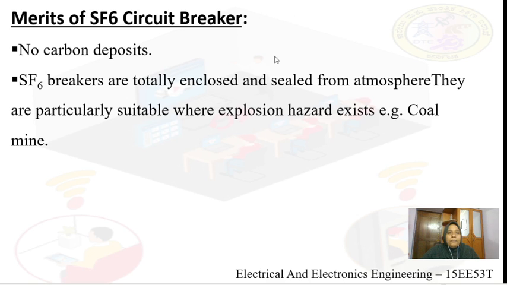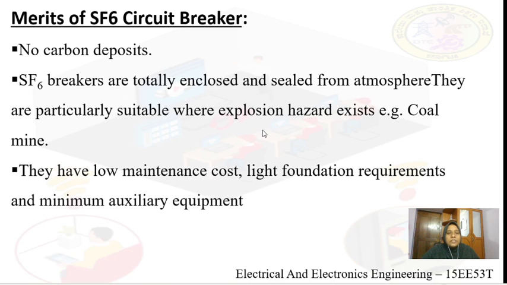These are the merits of your SF6 gas circuit breaker, and the last merit is they have low maintenance cost, light foundation requirements, and minimum auxiliary equipments. So maintenance cost is less. Why? Just now above we have told no carbon deposits. Once there are no carbon deposits, the wear and tear on the contacts is less, right? Once the wear and tear on the contacts is less, the life of the circuit breaker is more.